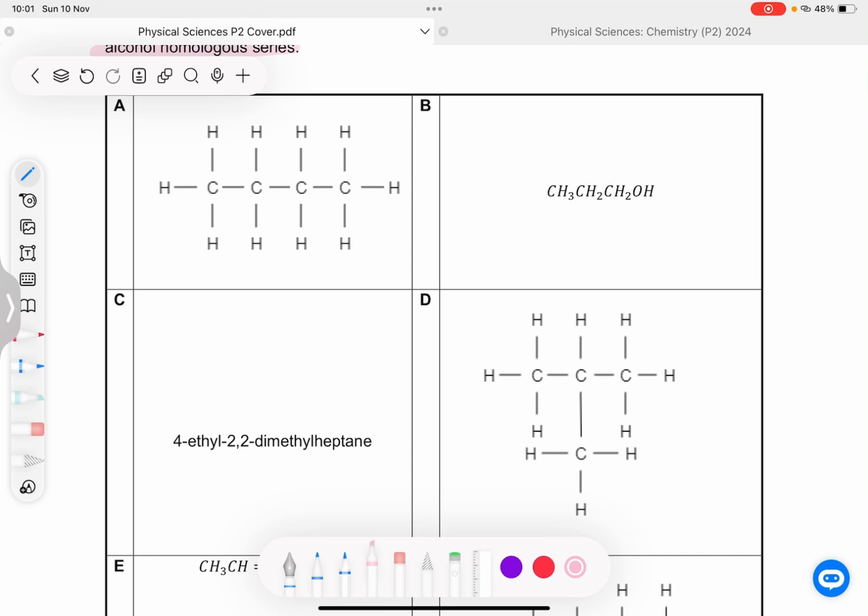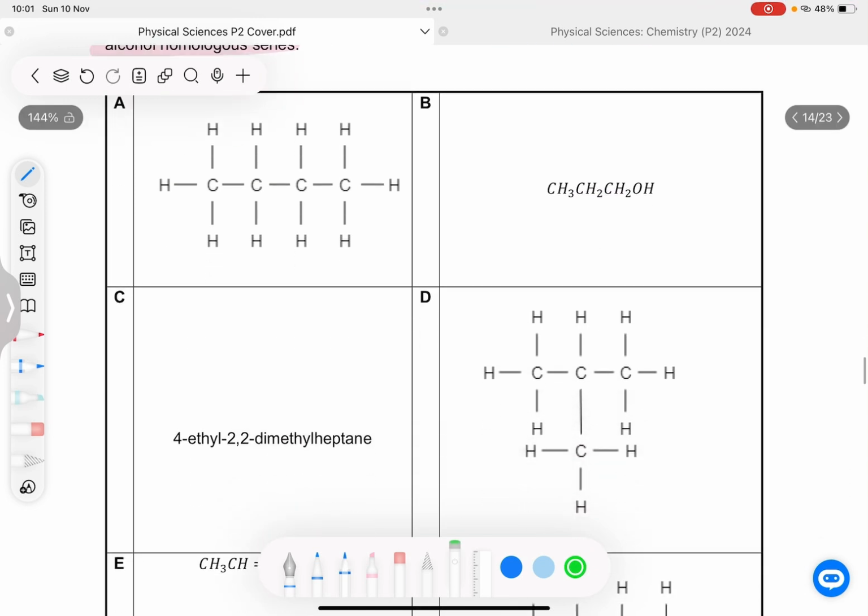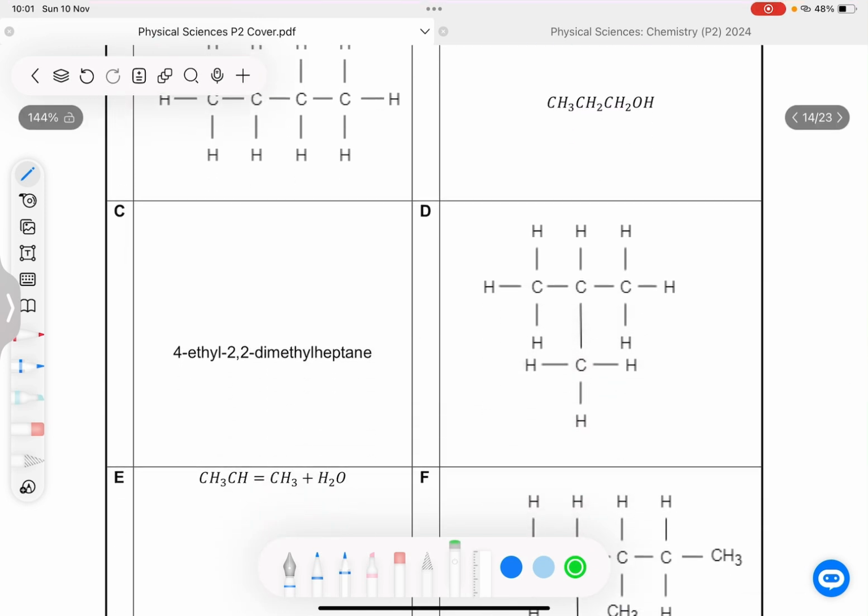Remember that hydrocarbons are compounds that contain only carbon and hydrogen. I can see here that this is a hydrocarbon, but this one here is not necessarily a hydrocarbon because it has a hydroxide here, an alcohol attached to it. So it's a member of the homologous series of alcohols.